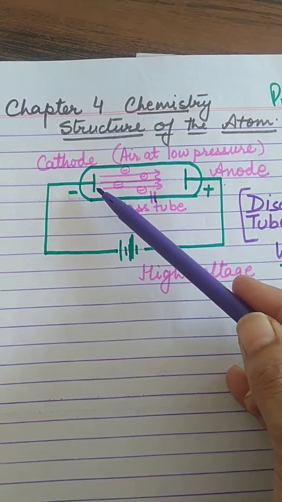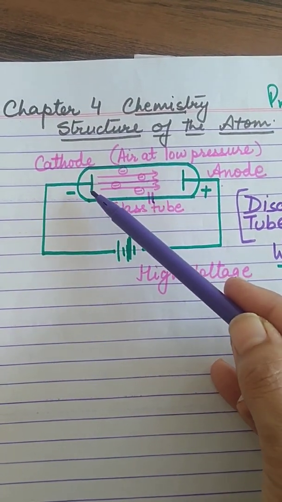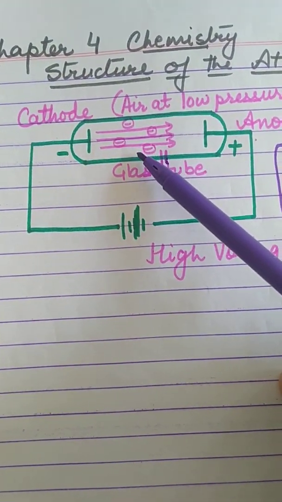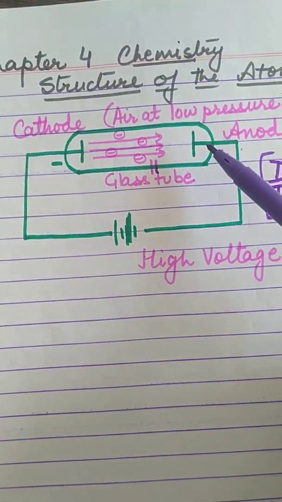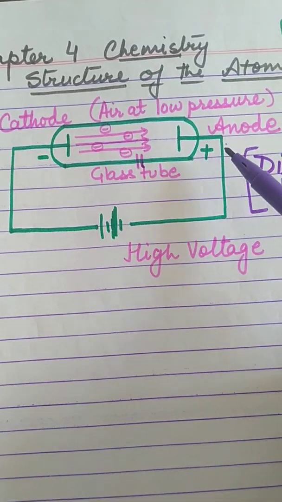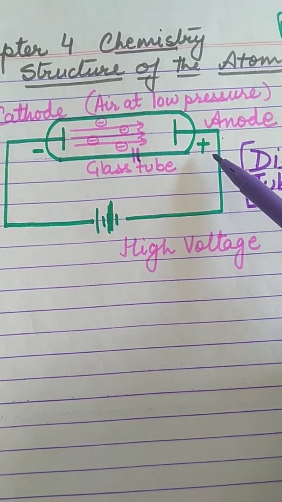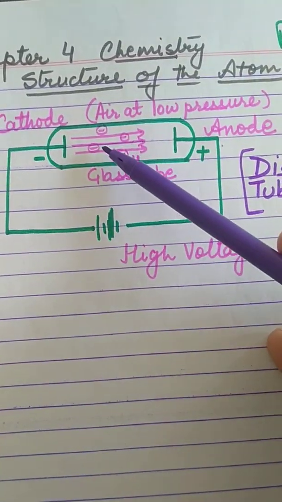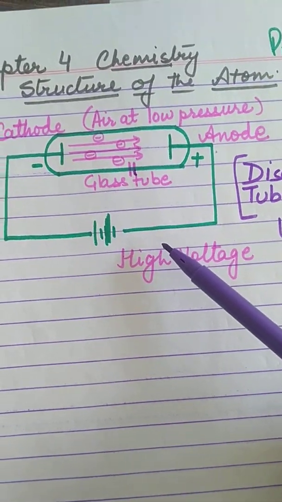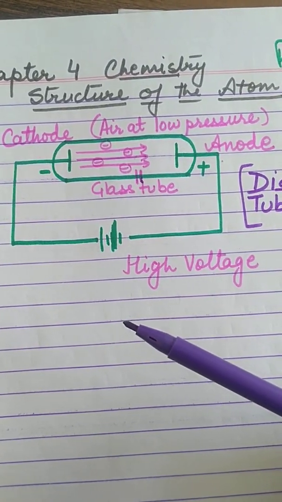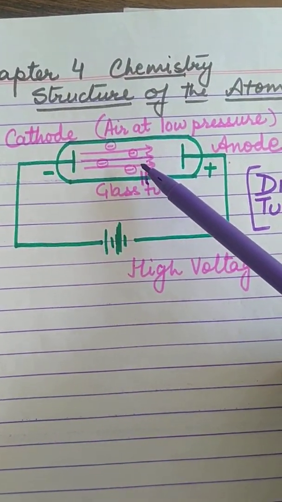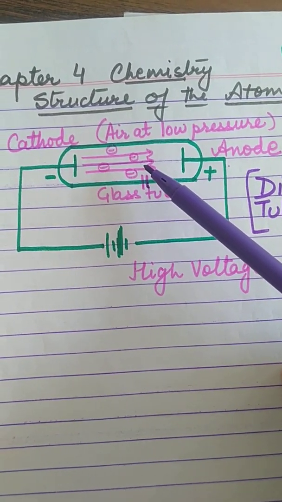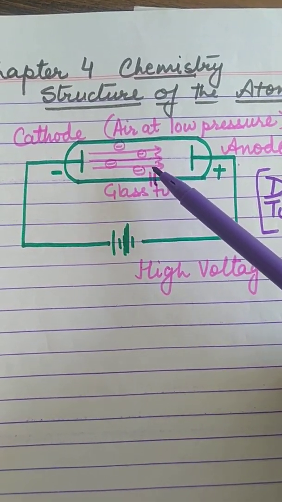rays started coming from the negative terminal, and they moved towards the positive terminal. And when an electromagnetic field was set up here, the rays shifted towards the positive terminal, which means that we know that unlike charges attract each other and like charges repel.